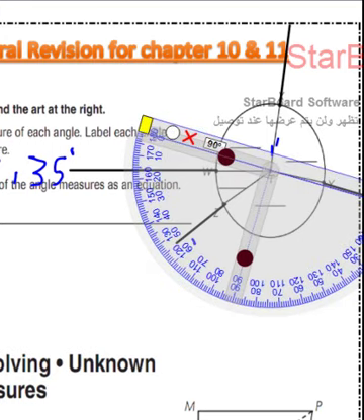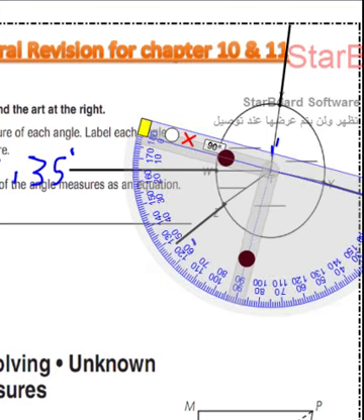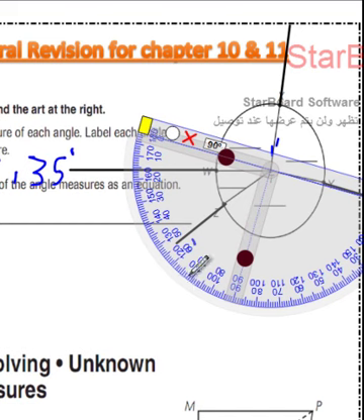Yes, great. Now count: 0, 10, 20, 30, 40, 50, 60, 70, 80, 90, 100, 110, 120, 125. The fourth one is 125.